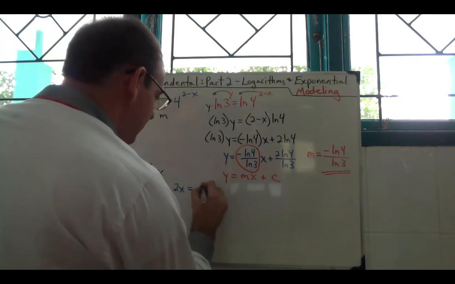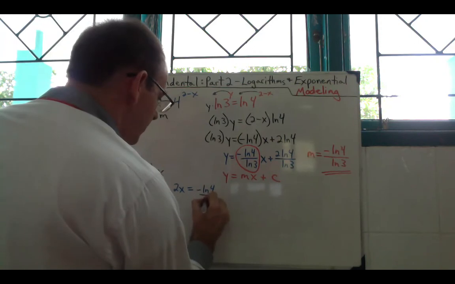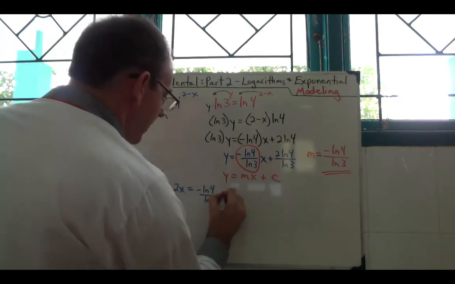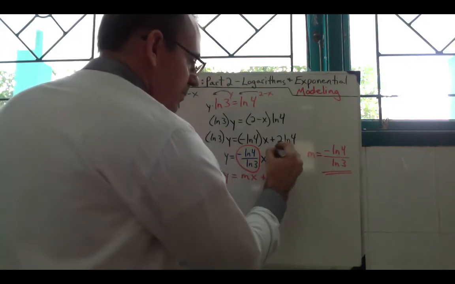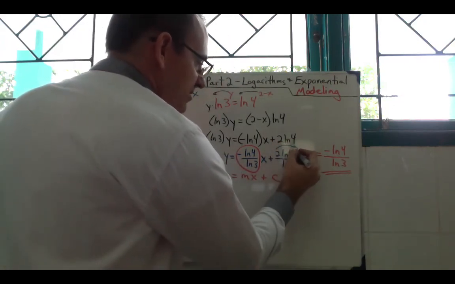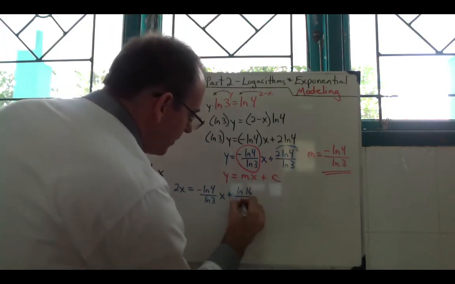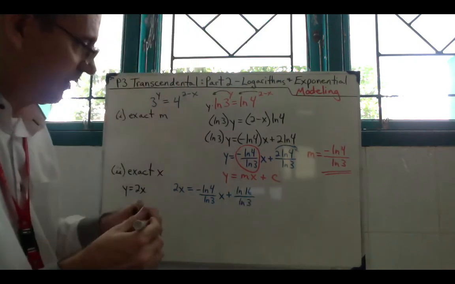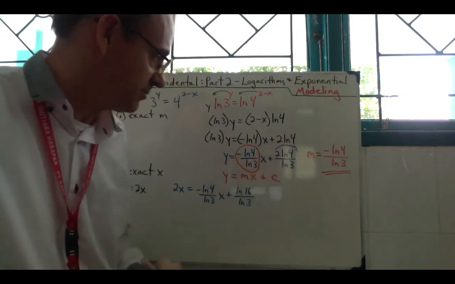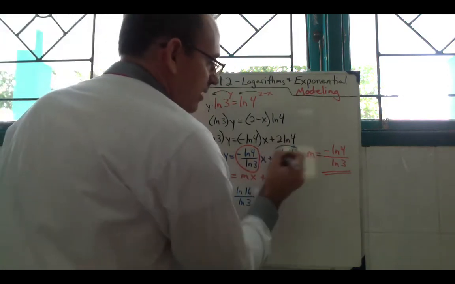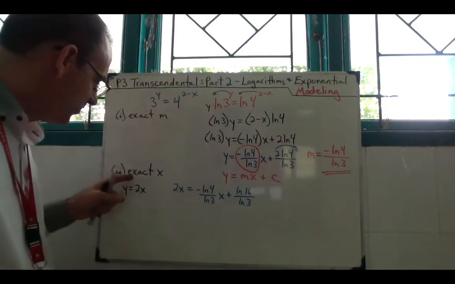So we get a negative ln 4 over ln 3 x plus, and what I'm going to do is bring this 2 up as the exponent, and so I'm going to put ln 16 over ln 3. That way I can just write one number there, bringing this number as the exponent, using that third law of logarithms.